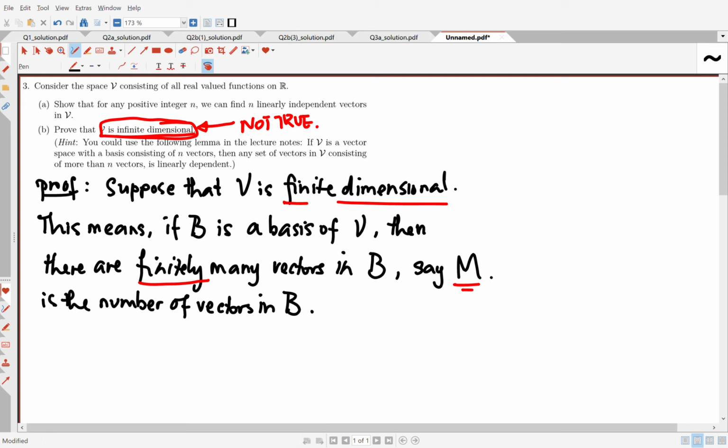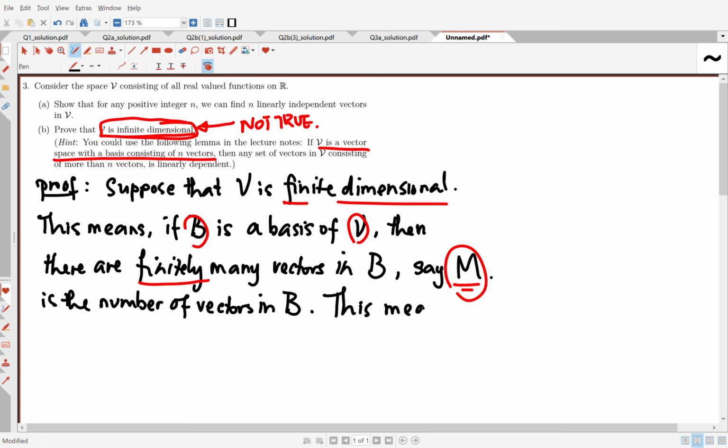Very good. Then we can make use of this hint. If V is a vector space with a basis consisting of n vectors, so now we have V, and B is the basis of V. This B contains m vectors.